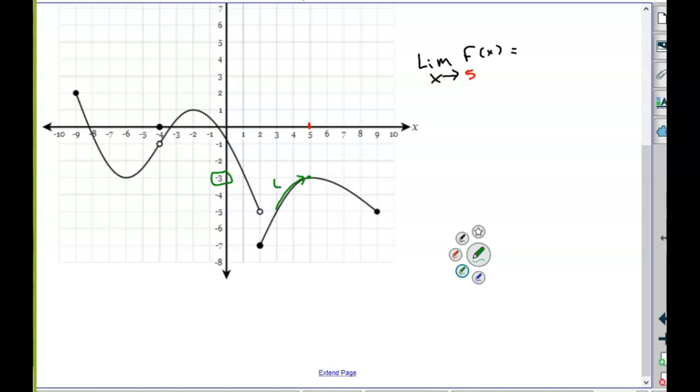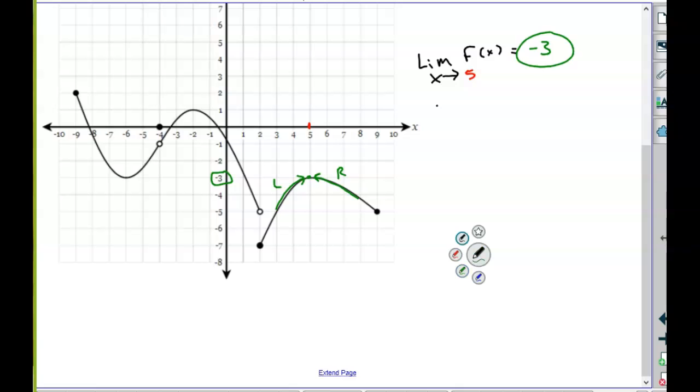Now, that's from the left-hand side. Are we approaching it from the right-hand side as well? Are they approaching the same spots left and right? Yes? No? Okay. You guys are just staring here. That means the limit actually exists.